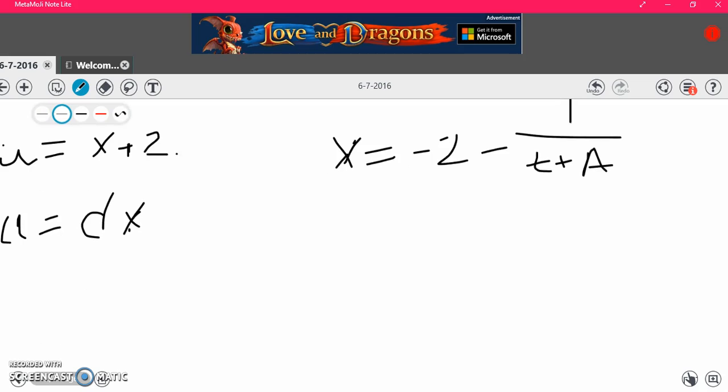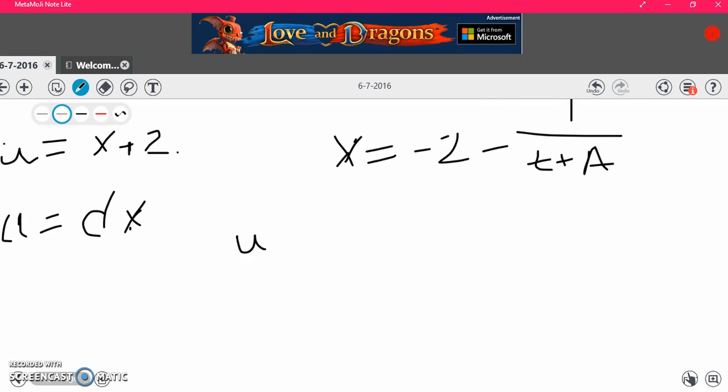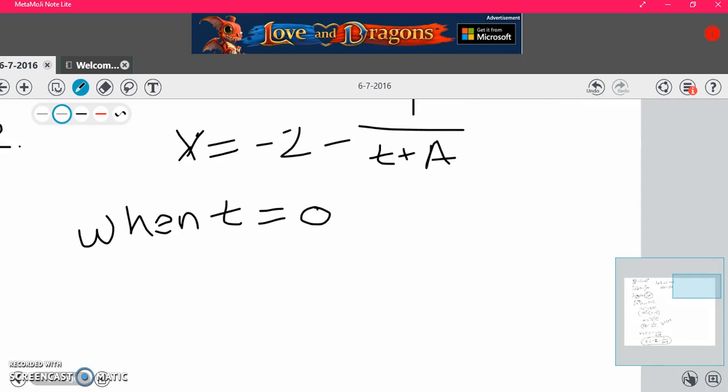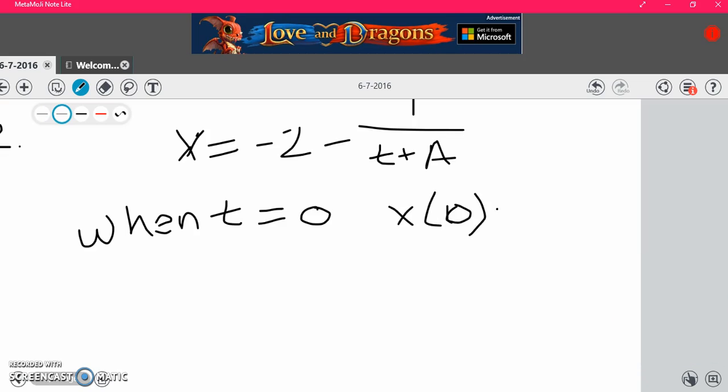Okay. Now we know when t equals 0, x of 0 equals c, which is why we changed the a earlier.